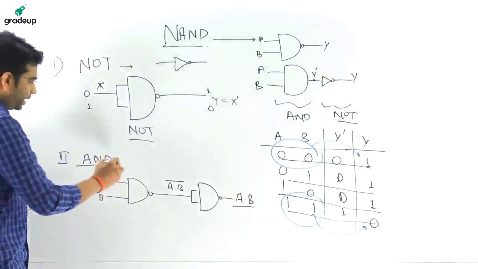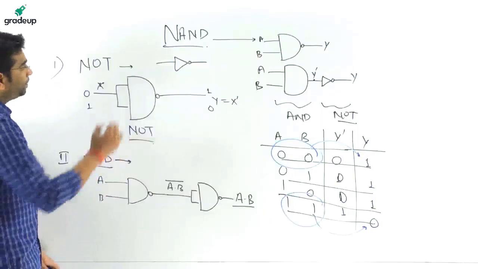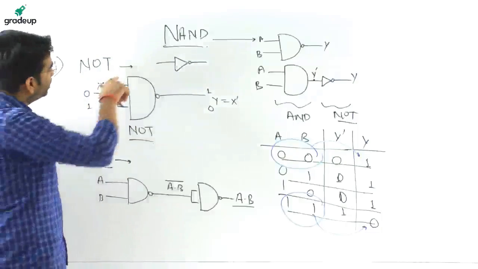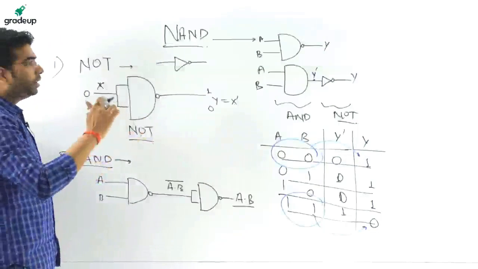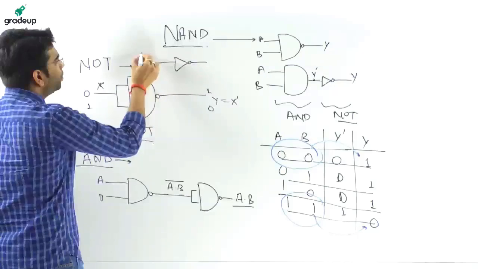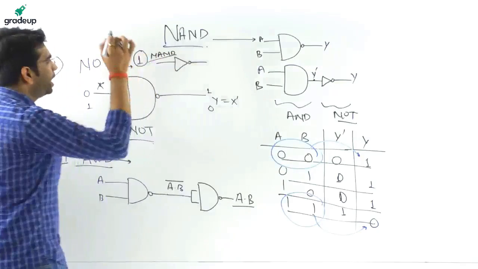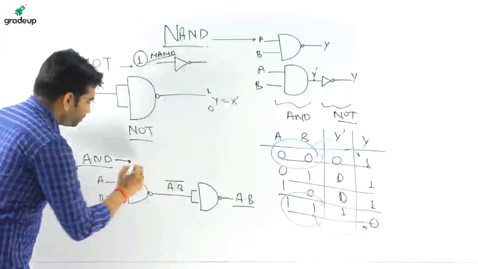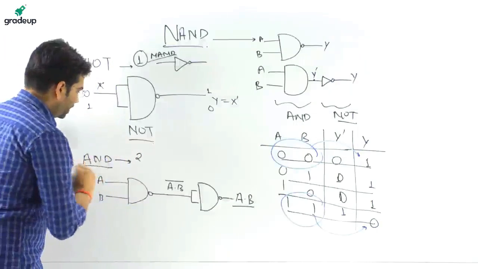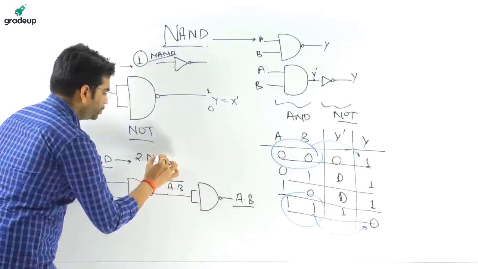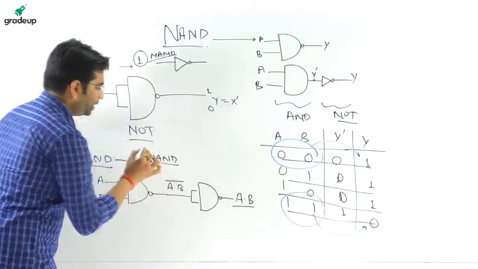So for making NOT logic, we have to use one NAND gate. For making AND logic, we have to use two NAND gates, okay? This is the question.